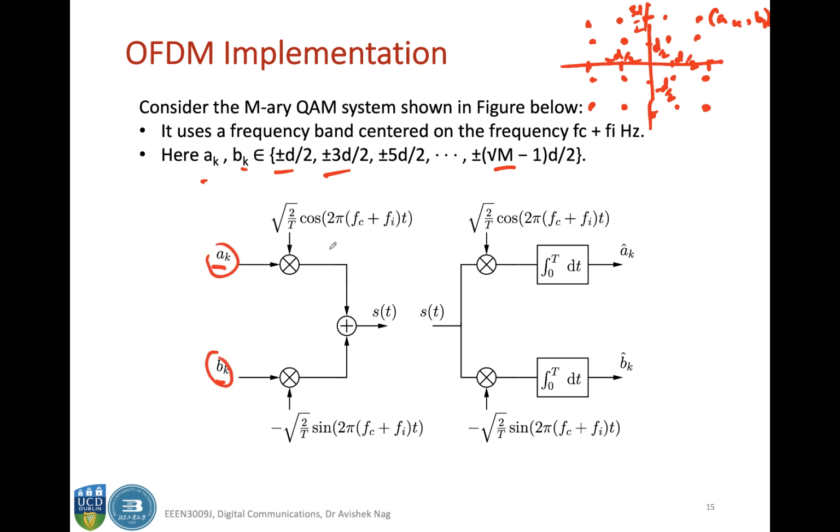If you choose the orthogonal axes, let's say phi 1 and phi 2, with phi 1 as cosine and phi 2 as sine, these are your orthogonal basis functions.